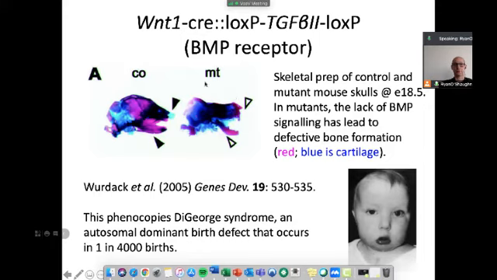Our bone derivatives of the head are lost, but cartilage, which is stained in blue, is present and normal. And this phenotype is a disease called Loeys-Dietz syndrome, a genetic disease, an autosomal dominant birth defect that occurs in 1 in 4,000 births due to a mutation in this TGF-beta 2 receptor.